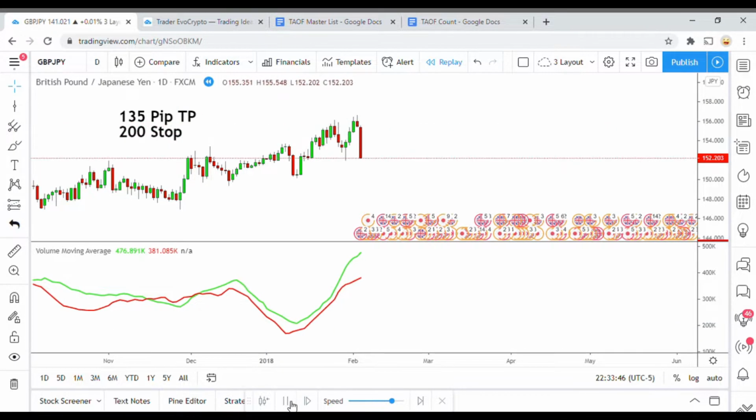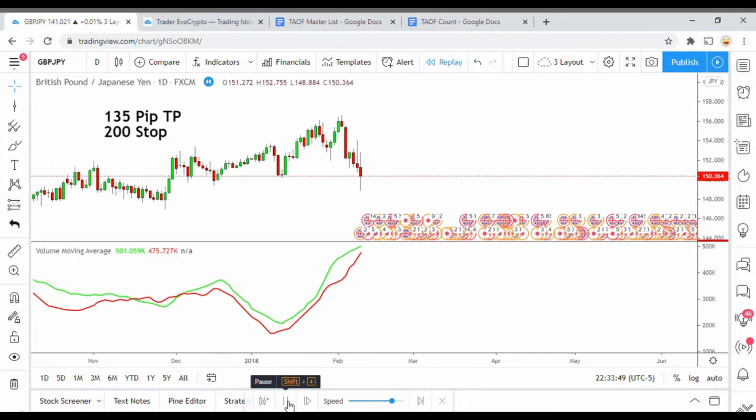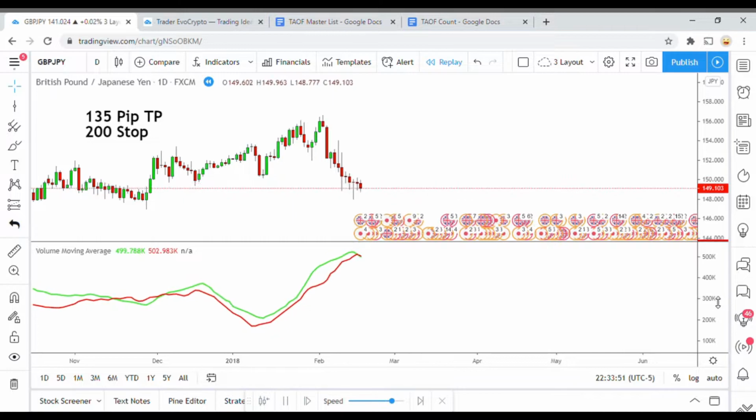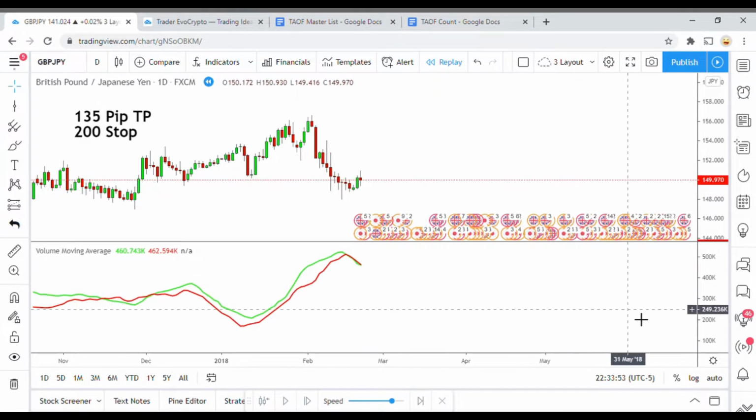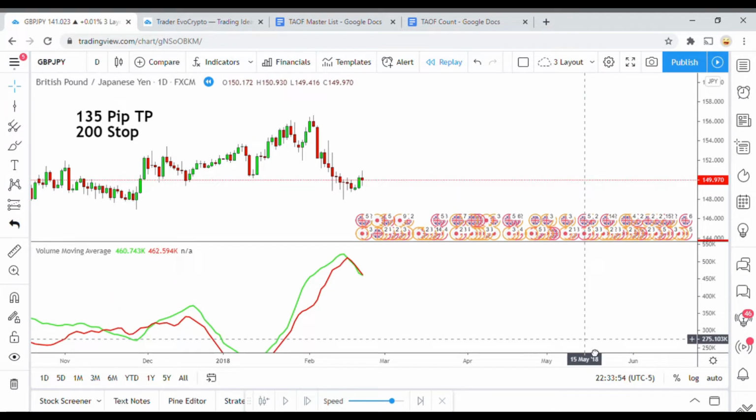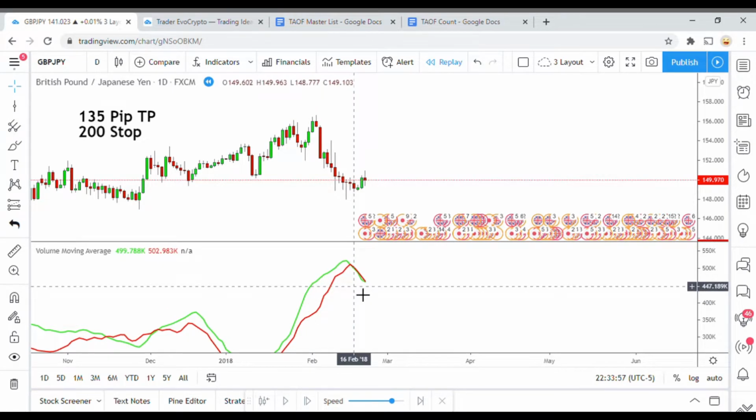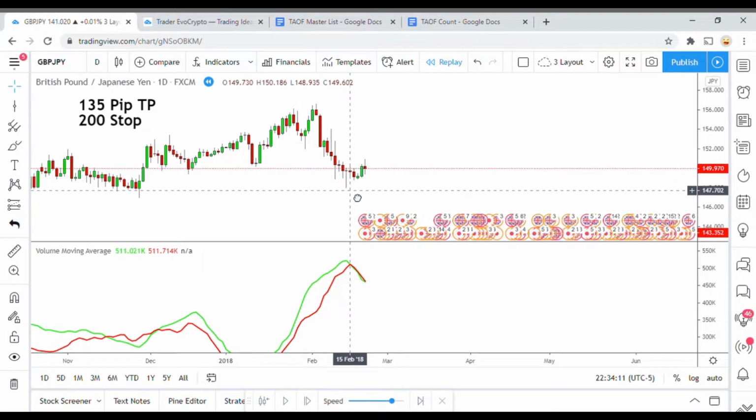All right, so it's tracking along here. We're currently in a buy position. It's moving up, and there we go. It looks like we get a cross of red over green. Yep, we do. See, it takes place. See right here on this one right here.